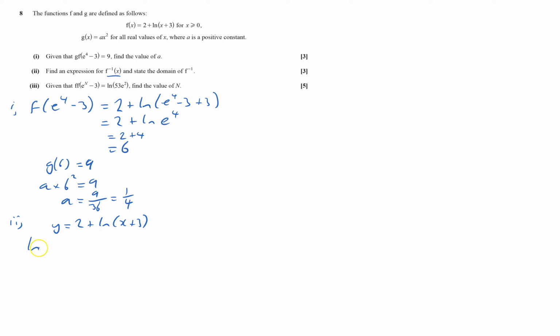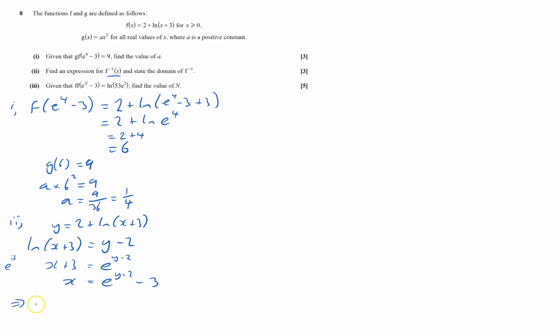I'm going to get ln of x plus 3 equals y minus 2. Get rid of the ln, so I'm going to e it. And that'll give me x plus 3 equals e to the y minus 2. And then take away 3, so x equals e to the y minus 2 minus 3.